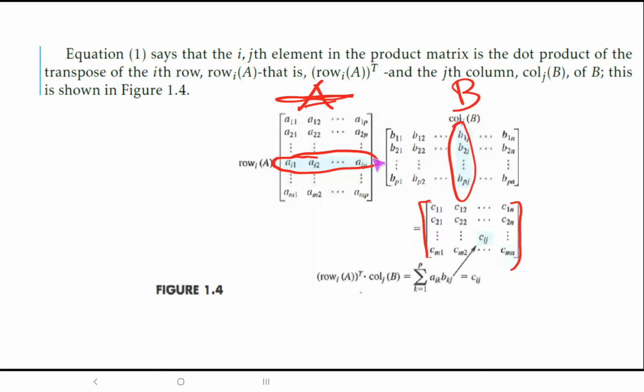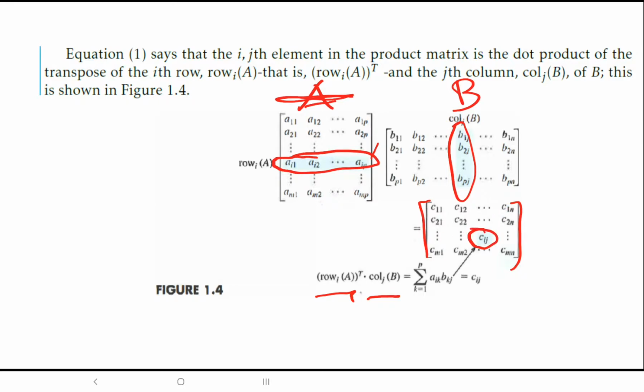Pero note that ito ay nakahiga, so kailangan natin siyang itayo. We will perform what we call the transpose. Na-discuss naman na yung last meeting. So, we have the transpose of the ith row of the matrix A, dot product, the jth column of B. So, we will get the C sub ij element.